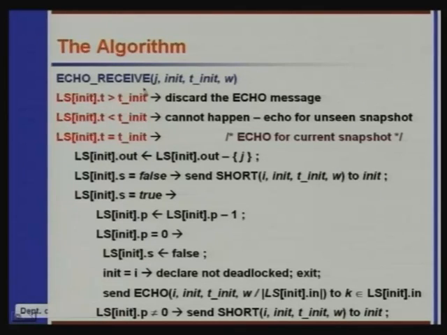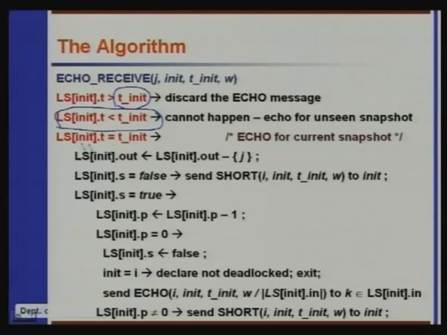So, that has to be discarded. This is an outdated one. So, if an outdated echo is received, we just discard the echo. This can never happen, that ls init dot t is less than t init, you are getting an echo, but you never got the flood, that cannot happen. So, this is impossible.